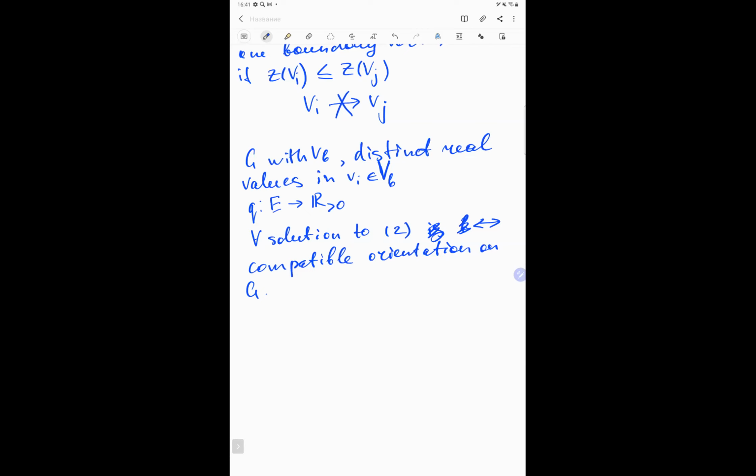Мы хотим, чтобы на концах ребра. So we can set the orientation sigma in this way. For example, vertex U, vertex V, and we set orientation from U to V if Z_U is bigger than Z_V.